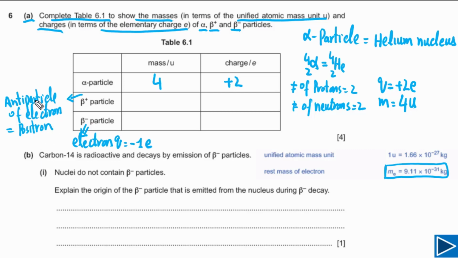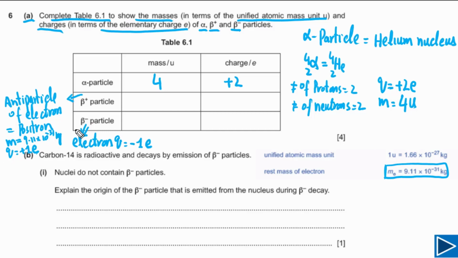So as this is an antiparticle, the mass of beta plus is the same as the mass of electron. So this is 9.11 times 10 to negative 31 kgs. But this is an antiparticle, so the charge on this one is opposite to electron. So it has plus 1e charge, meaning it has opposite charge.